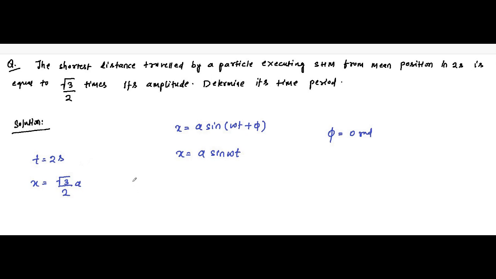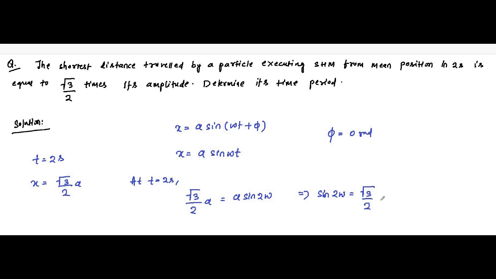So at t equals 2 seconds, x is equal to root 3 by 2 a, so that is equal to a sine, in place of t I am substituting 2, sine 2 omega. So that implies sine 2 omega is equal to root 3 by 2.